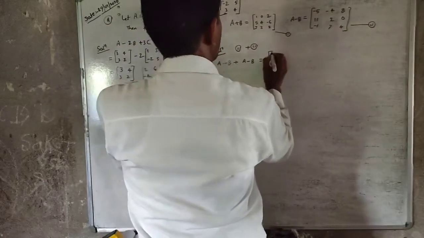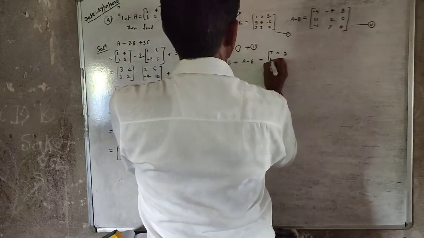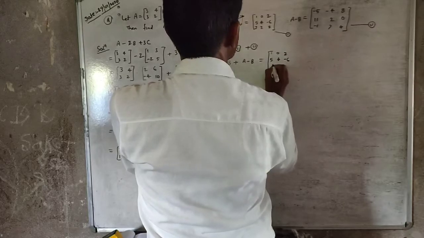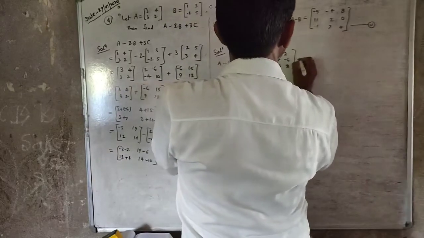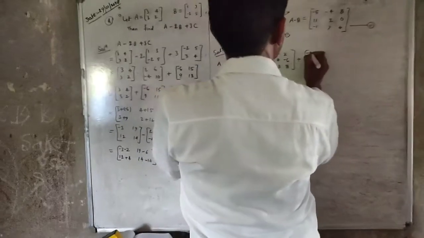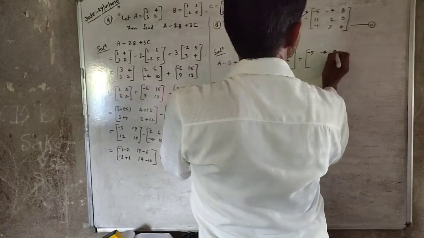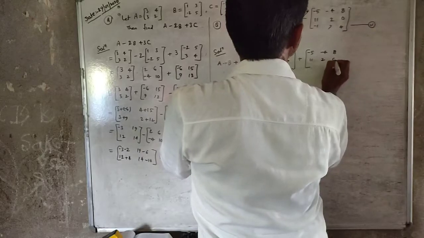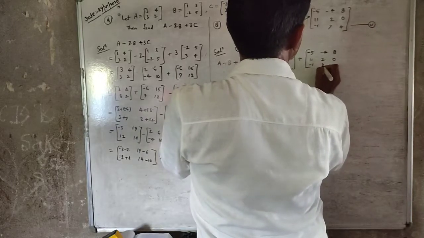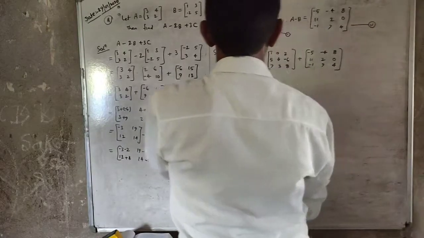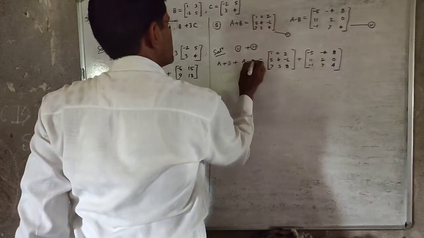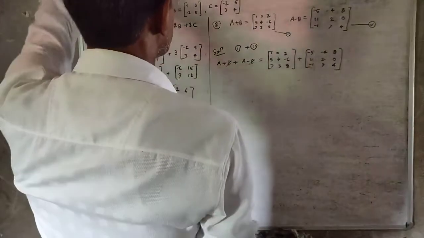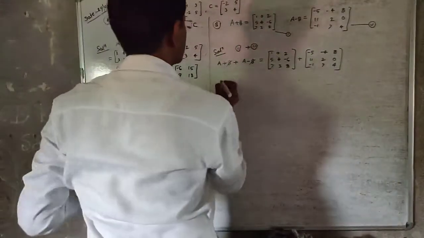RHS: [1, 0, 2; 5, 4, minus 6; 7, 3, 8] plus [minus 5, minus 4, 8; 11, 2, 0; minus 1, 7, 4]. In LHS we can cancel B and B because their signs are opposite.